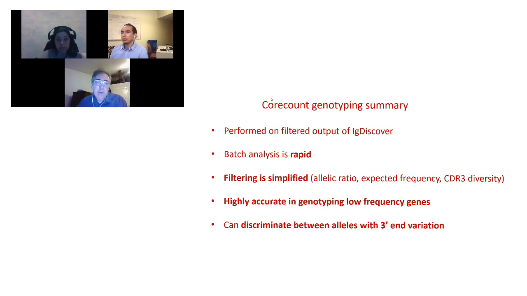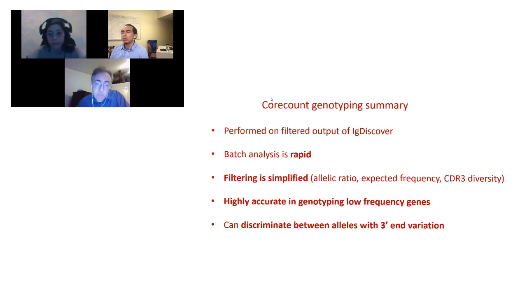We get highly accurate genotyping of low-frequency genes, and most importantly, it's very good at discriminating between alleles which have 3' end variation. This can be quite important because normal assignment methods often ignore the 3' end variation. And if you have a 3' end variation in a receptor gene, quite often this variation occurs within the CD4.